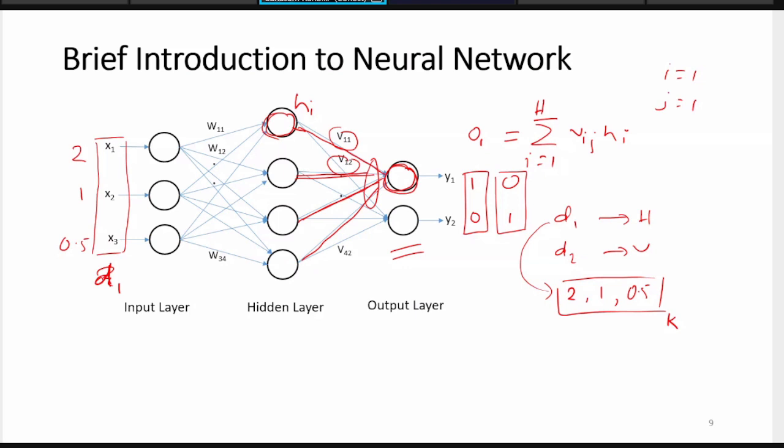You are giving a vector as input and producing a vector as output. Depending on the nature of the problem, the output vector size may be different. It may be 1, 2, or 3. This is how the input and output of a neural network will be realized.